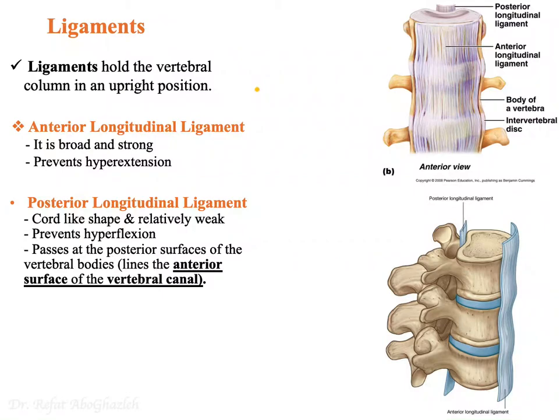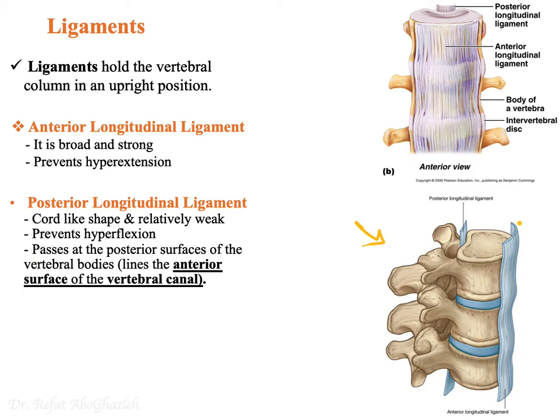Regarding the most common ligaments located mainly in the thoracic region, we have a couple of ligaments that hold the vertebral column in our upright position. Look at the thoracic vertebra here, and say these are the bodies of the vertebrae.